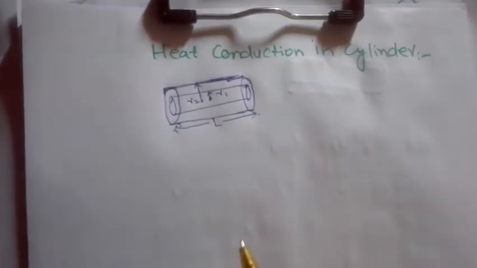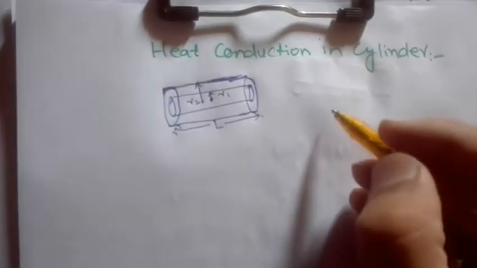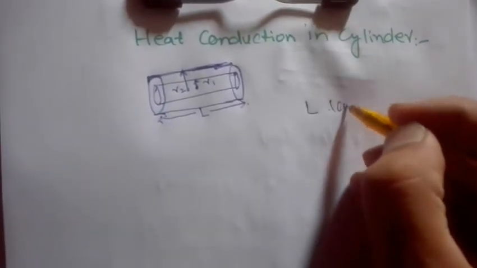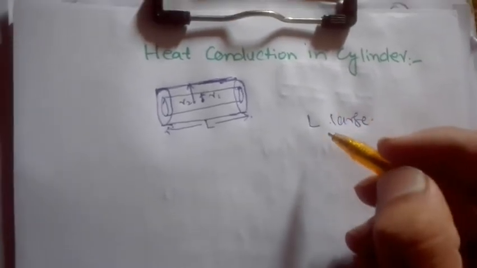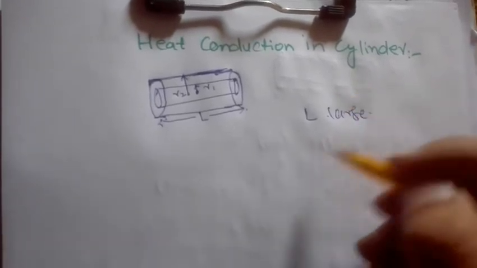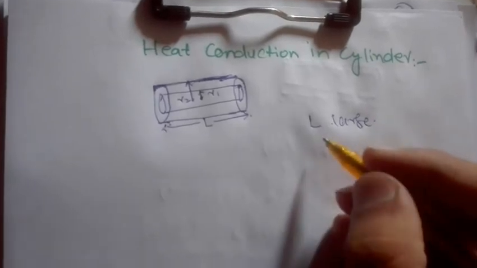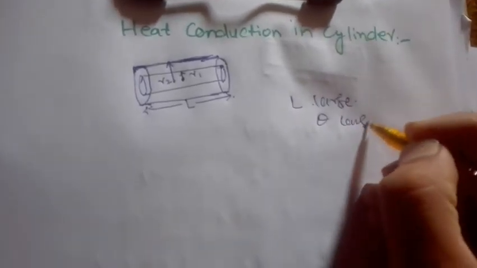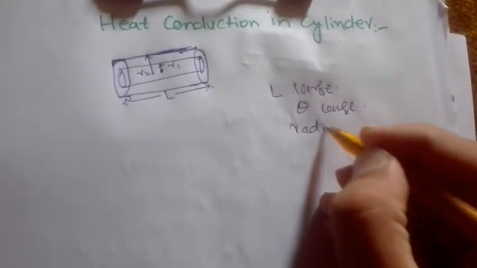Now suppose the length of the cylinder is very large, and the azimuthal angle of the cylinder is also very large, and the heat transfer only takes place in the radial direction.